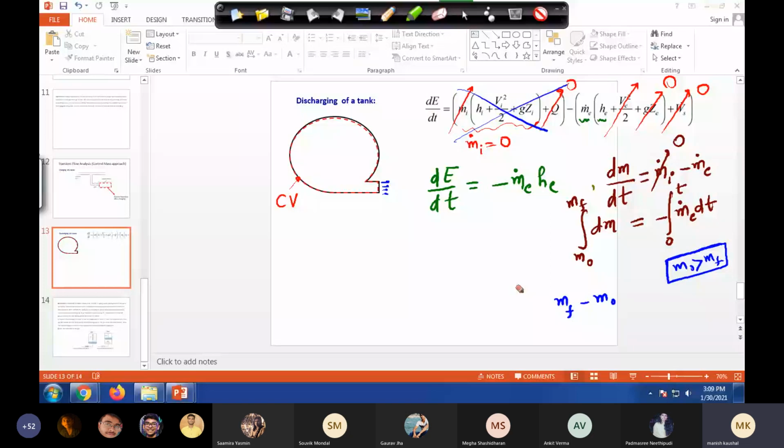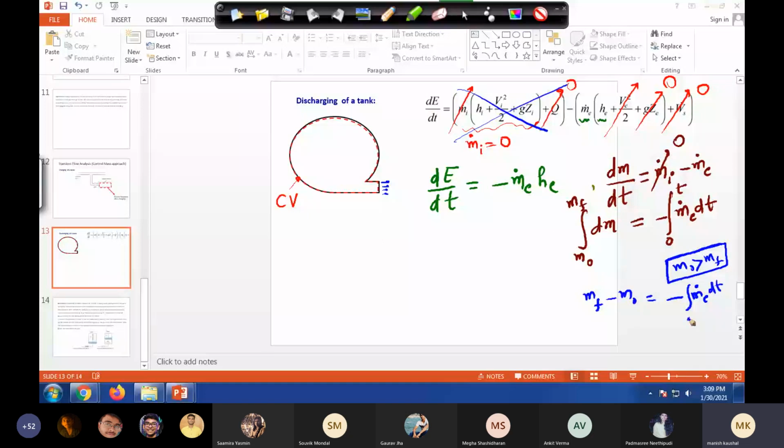M naught minus m f is equal to the integral of m e dot dt. Or let it be like this, that's fine. So what we are getting is m f minus m naught is equal to minus the integral of m e dot dt from 0 to t. This is from mass balance.